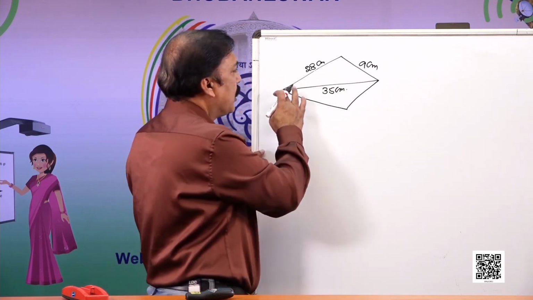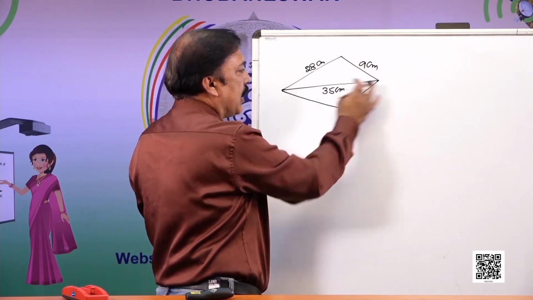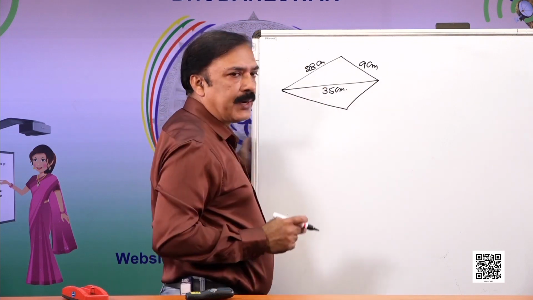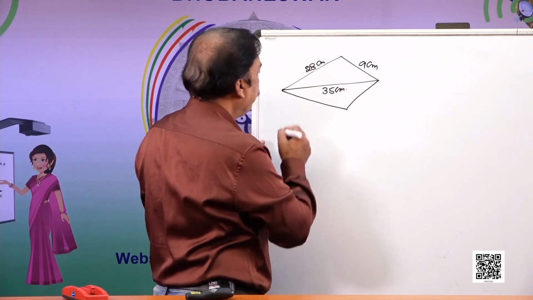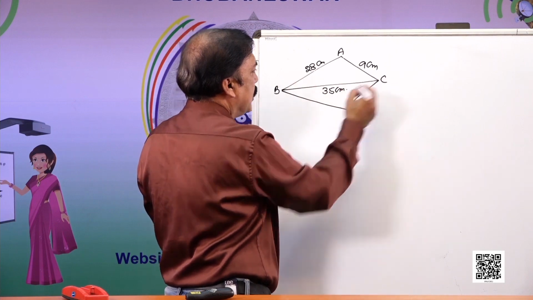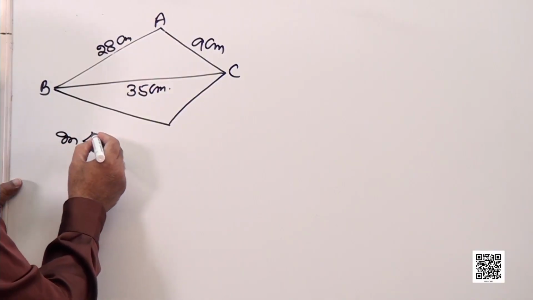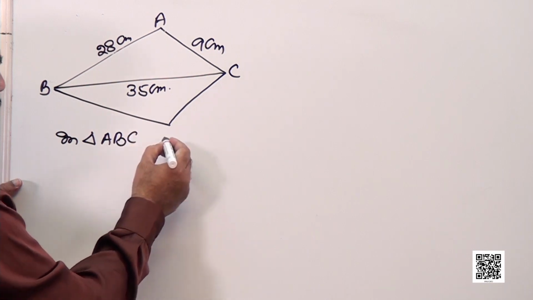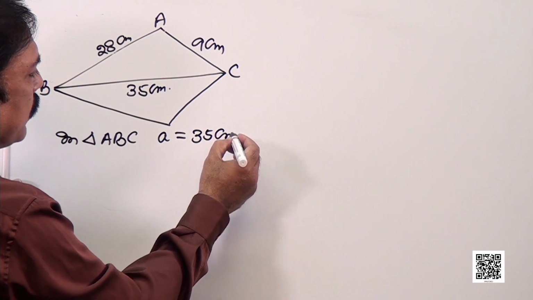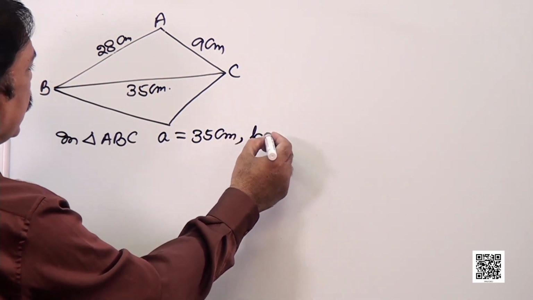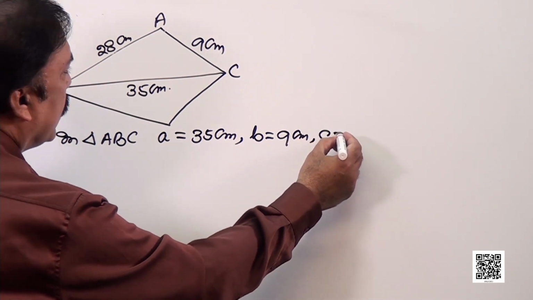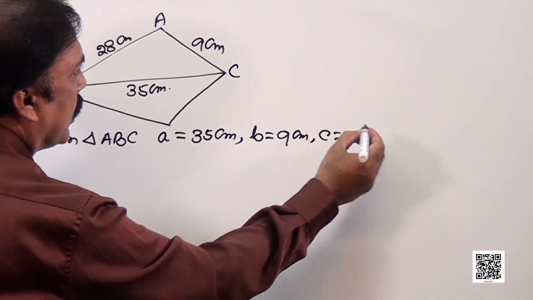Now see, if we find the area of this triangle and multiply by 2, we can get the area of this petal. Let's name it ABC. In triangle ABC, small a is equal to 35 centimeter, b is equal to 9 centimeter, and c is equal to 28 centimeter.